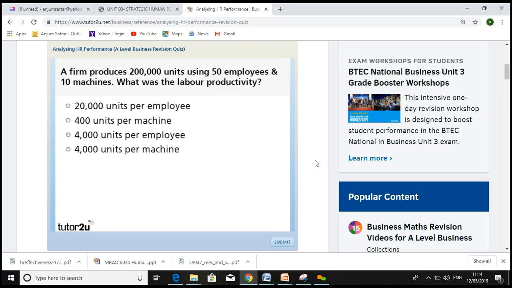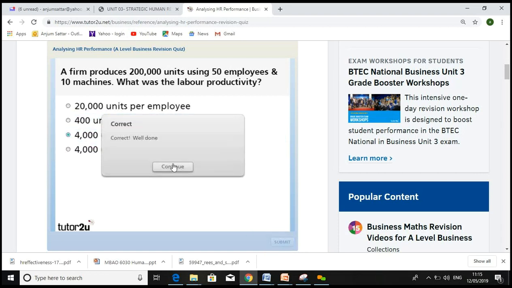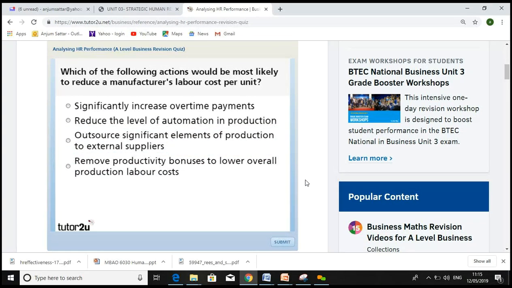A little calculation. The output per employee should be 4,000, isn't it? So we'll go with 4,000. Yes, well done, correct. Which of the following actions would be most likely to reduce a manufacturer's labor cost per unit?